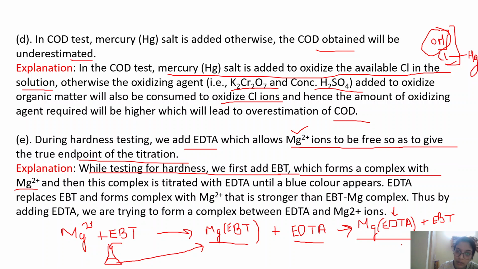You understood? So the rest of the things will give color. That is why the amount of EDTA consumed will be equal to the amount of Mg2+ ions in terms of EDTA. So there is an equation which we use to convert, so we can get everything in the form of hardness, in CaCO3 milligrams per liter.